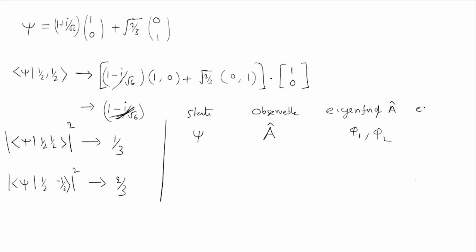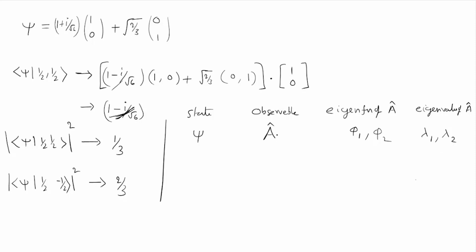The eigenvalues of A are given, for example lambda 1, lambda 2. So I tell you there is an observable A. It has eigenfunctions phi1 and phi2, and it has eigenvalues lambda 1 and lambda 2.